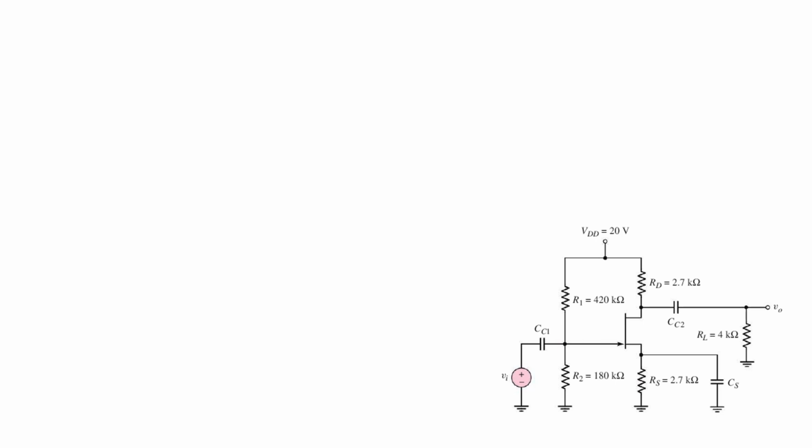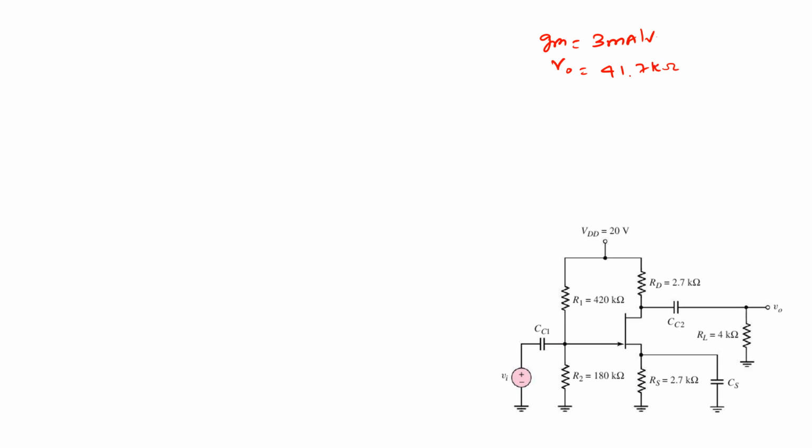So gm is 3 milliamp per volt and r0 is 41.7 kilo ohms.